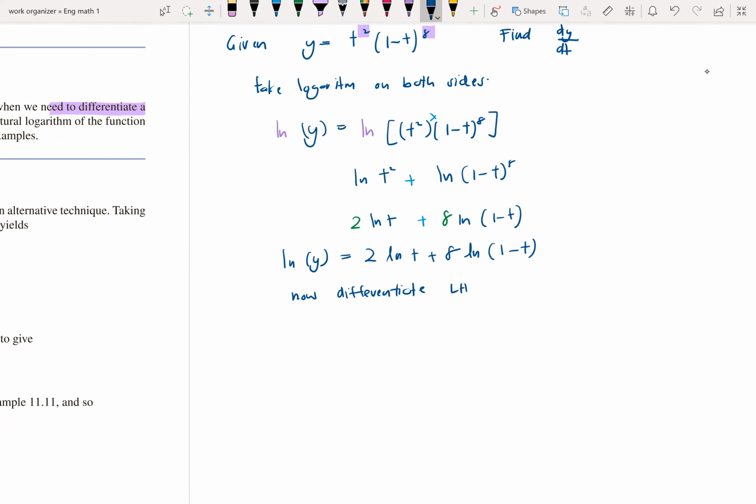So it will become d over dt of ln y equal to d over dt, and we can put the constant outside, so 2 ln t, and then plus d over dt, put the constant outside, 8 ln (1 minus t).